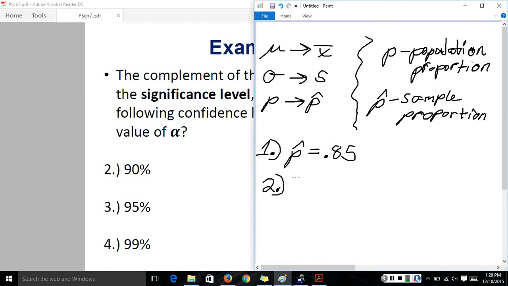So in number 2, my confidence level, CL, is 0.90. So alpha is 1 minus that, because it is the complement, which is 0.10 or 10%.